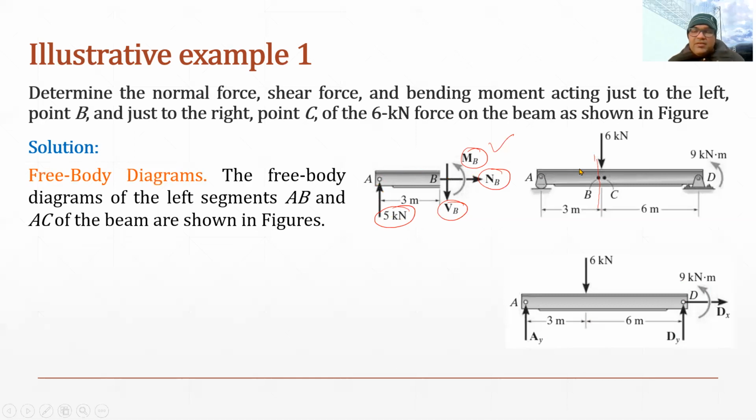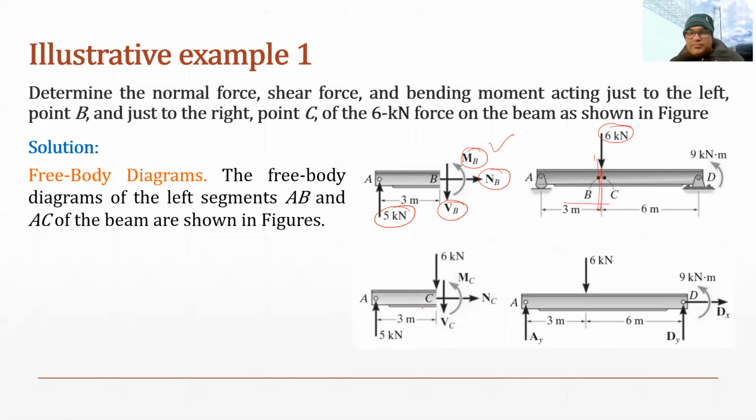Now, if we draw the free body diagram of segment AC, as I said earlier, the line of action of the 6 kilonewton force is passing between point B and C. So in AB, we can't show this force, but when we are making the free body diagram of segment AC, the 6 kilonewton force will also be shown like this.